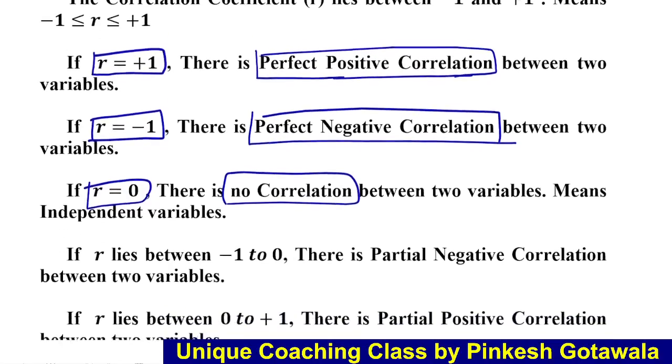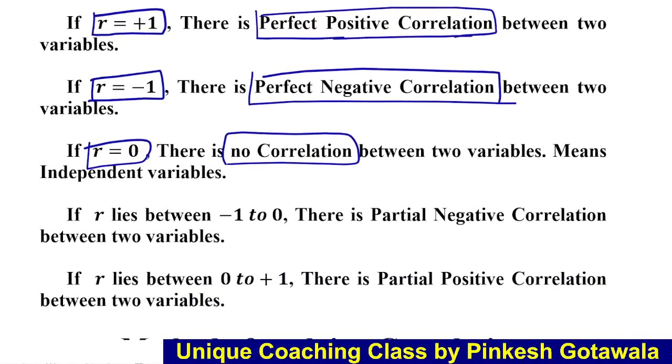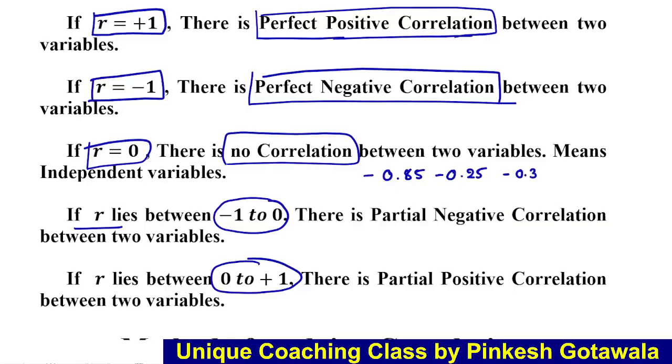Now if the answer comes between -1 to 0 or 0 to +1. For example, if you find out R and the value of R comes, suppose, -0.85, -0.25, -0.37 like this. So here what is the relation? Here all are minus, so the relation must be negative.